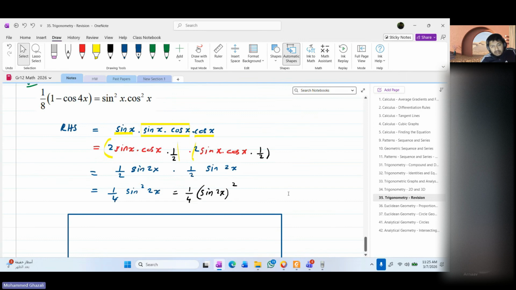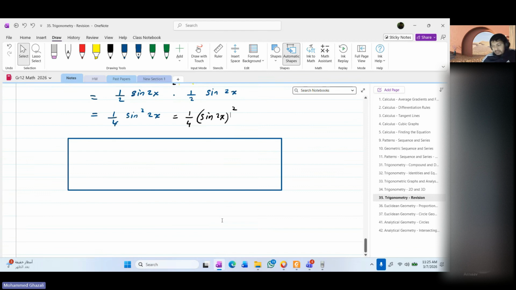I can't, because sine 2x is 2 sine x cos x. It's like going back there. I don't want to do that. So let me use a double angle expansion for this, because I don't have a rule to put sine 2x in terms of cos 2x.